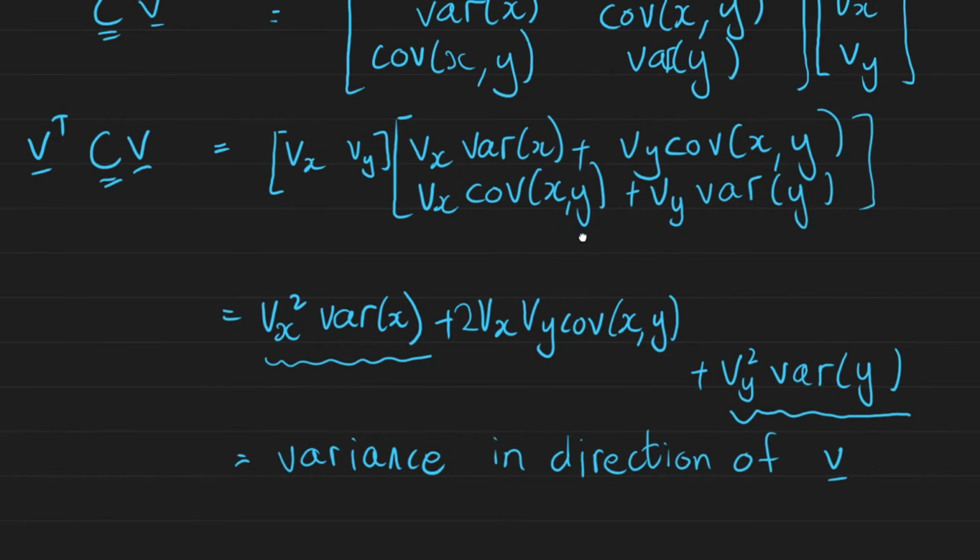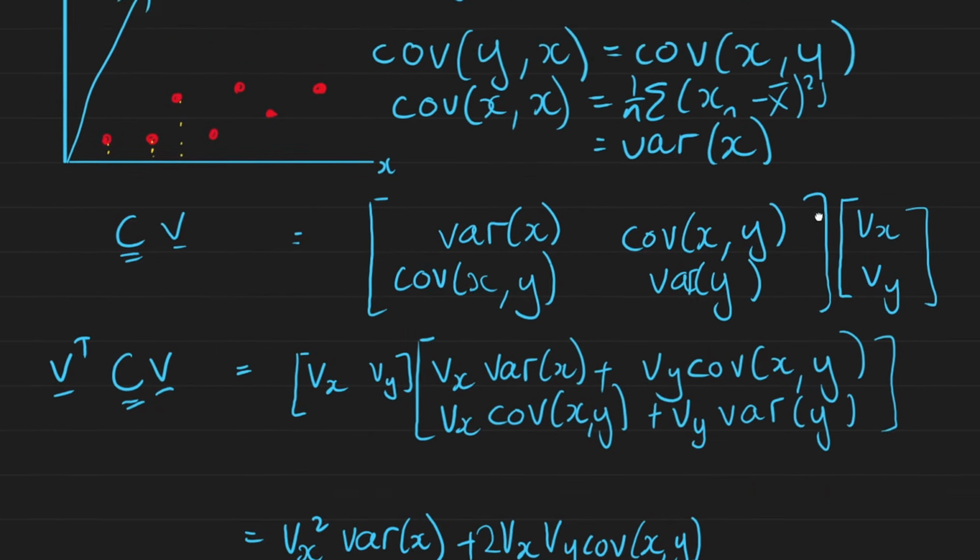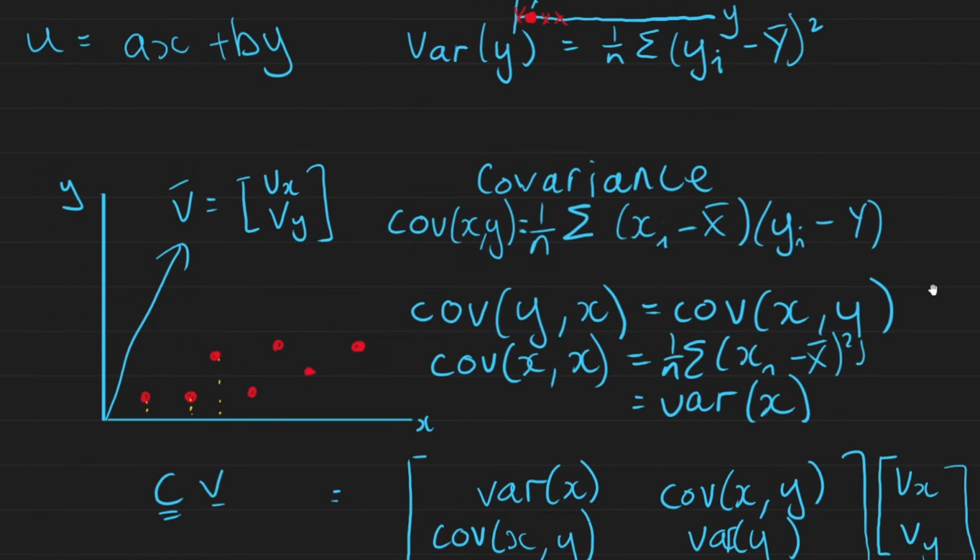So let's just remember what the entire point of this exercise is. The entire point is that we have now established that variance matters quite a bit, and where the variance is the most tells us the importance of a particular variable or a combination of different variables. So we have variance in the x, variance in the y, variance in between, and now we have determined a formula that can tell us the variance of a combination of these variables.